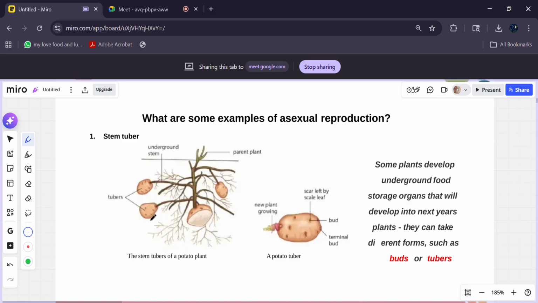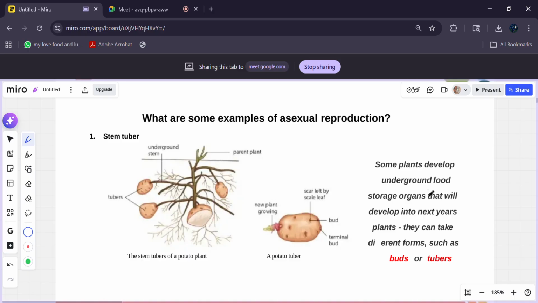This is an example of asexual reproduction. If you notice, it does not need any gametes or reproductive cells. Instead, it takes the food stored in the tubers and uses it to make a new plant during favorable seasons.